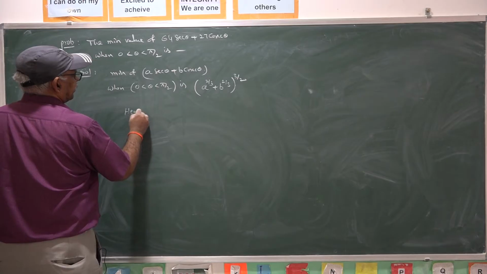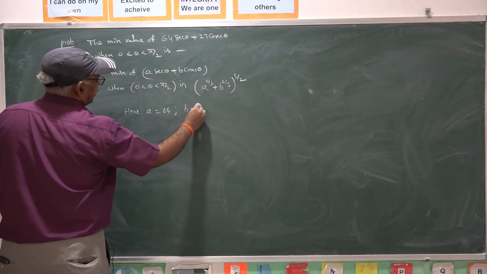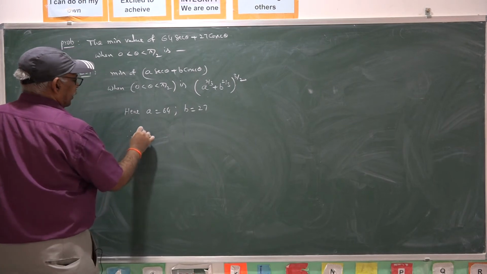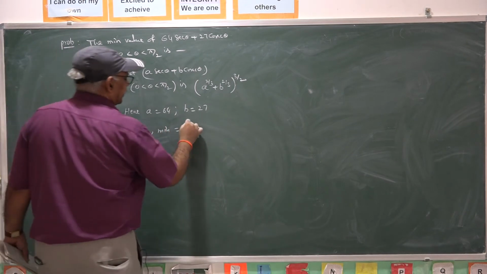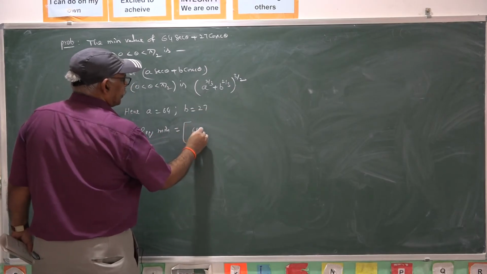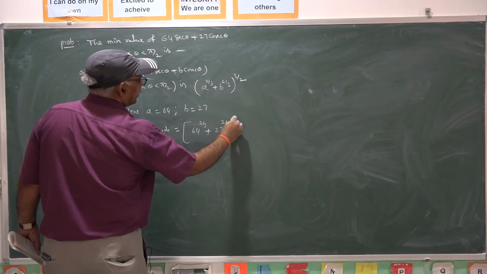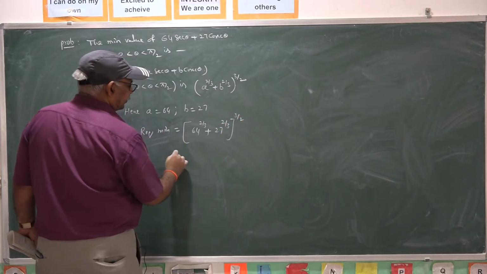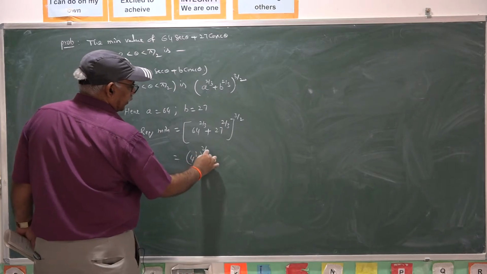Here A is 64, B is 27. So, the required minimum value is 64 whole power 2 by 3, 27 whole power 2 by 3, whole power 3 by 2. This is 4 cube whole power 2 by 3.